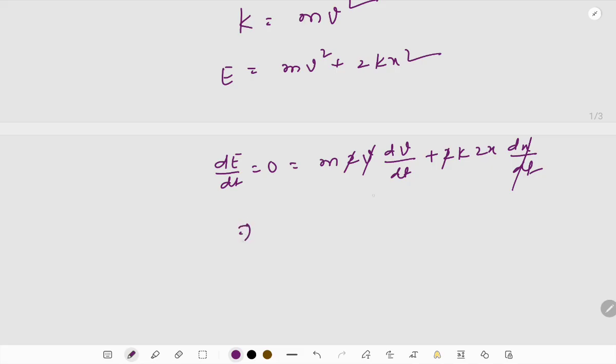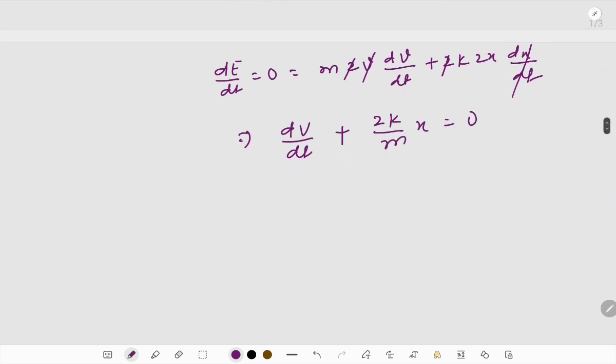That means I get a relation something like d²x/dt² plus (2k by m)x equals 0, and you can see omega equals the square root of 2k by m, and that was all needed to find in this problem.